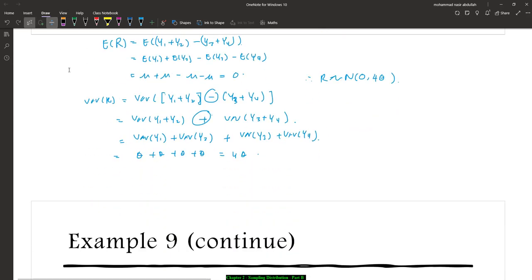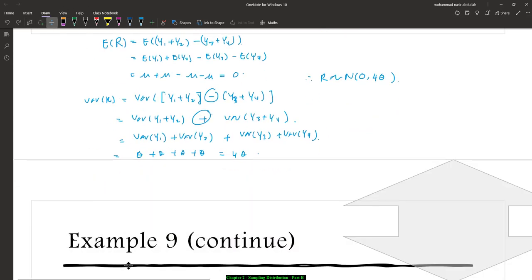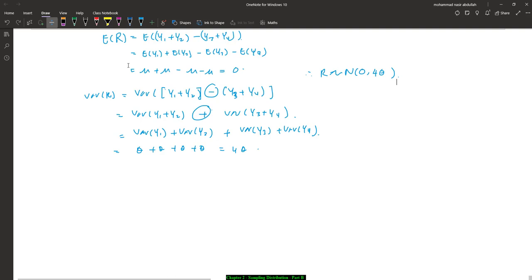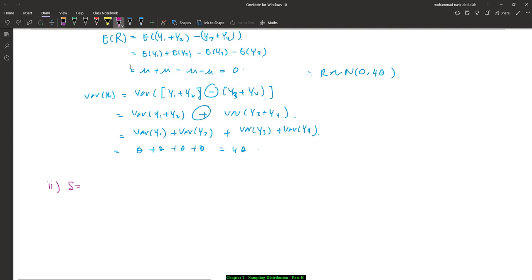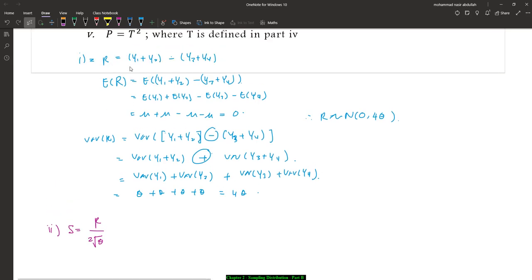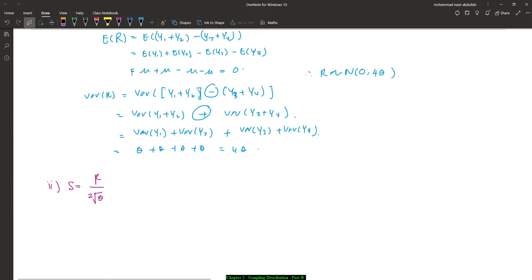So next question is number 2. S is equal to R divided by 2 square root of theta, where R is defined from part 1. So simple, also the same thing.